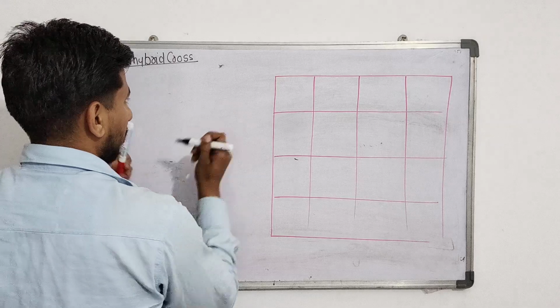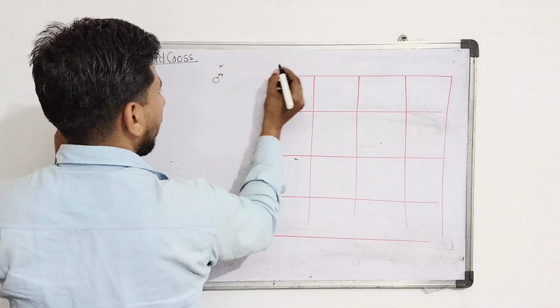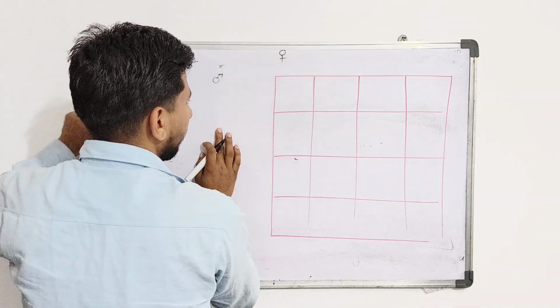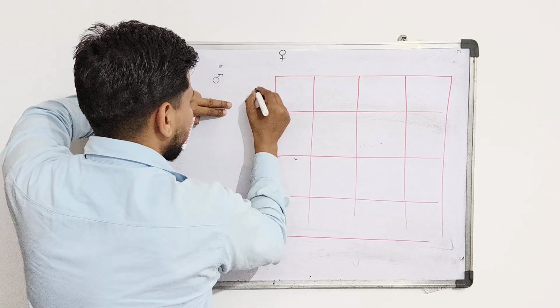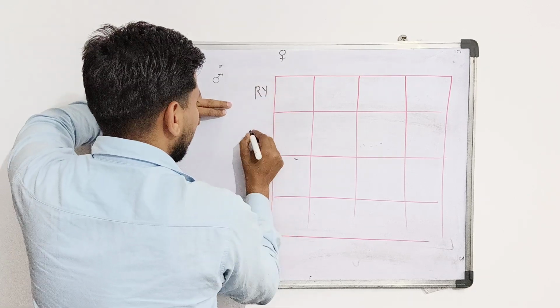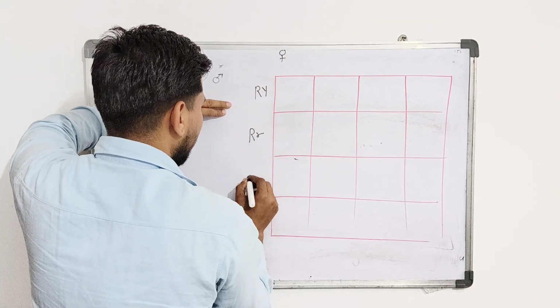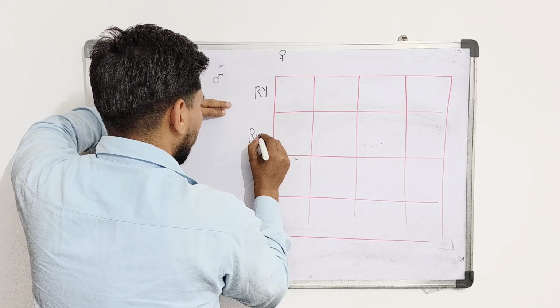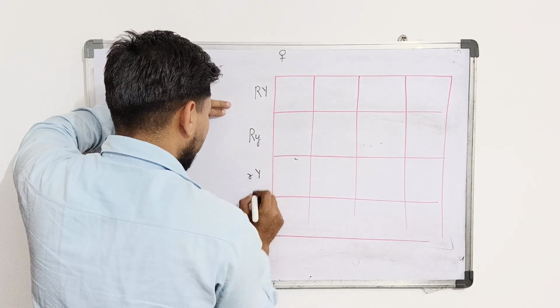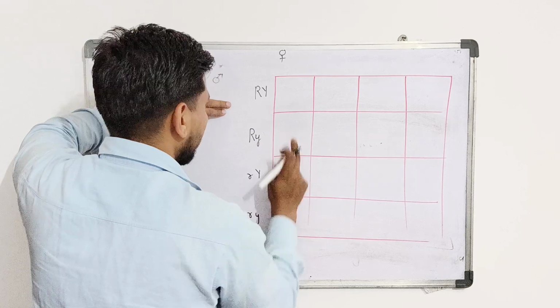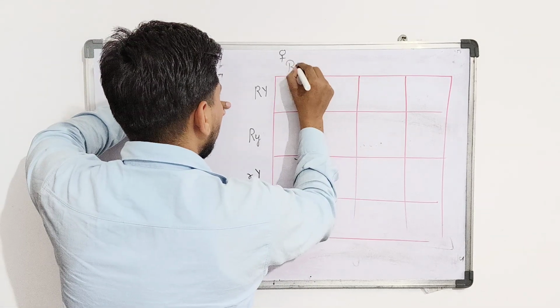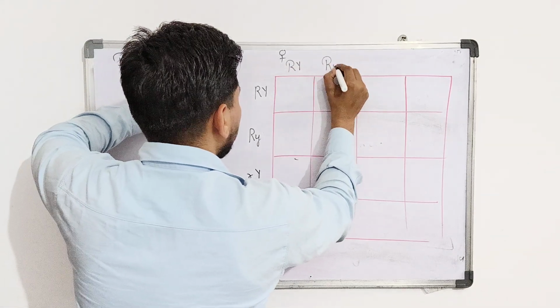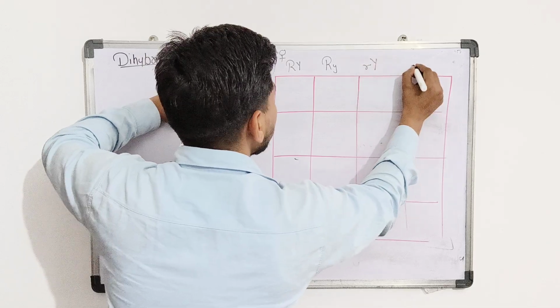In one row we assume it is male, in the second row we assume it is female. So now the male gametes are capital R capital Y, capital R small y, small r capital Y, small r small y. Similarly, female gametes are capital R capital Y, capital R small y, small r capital Y, small r small y.